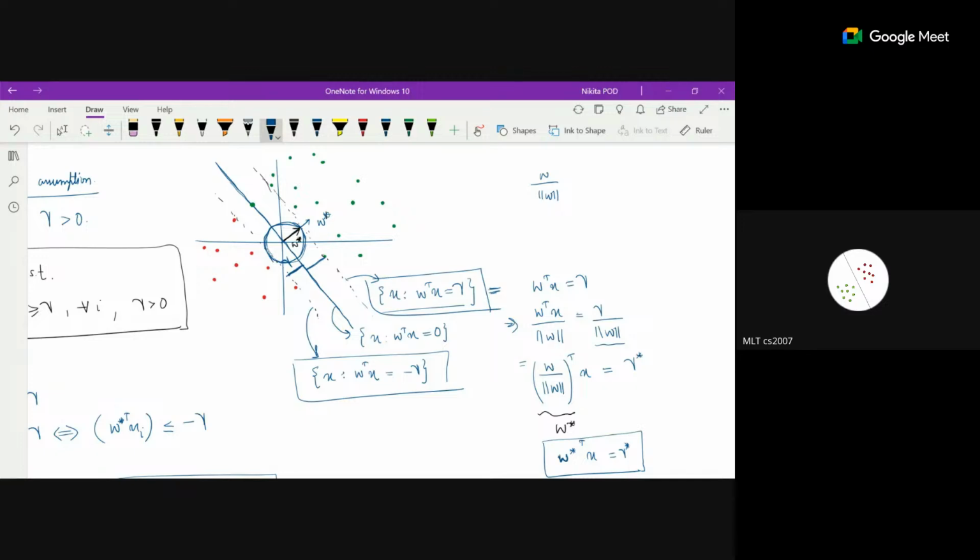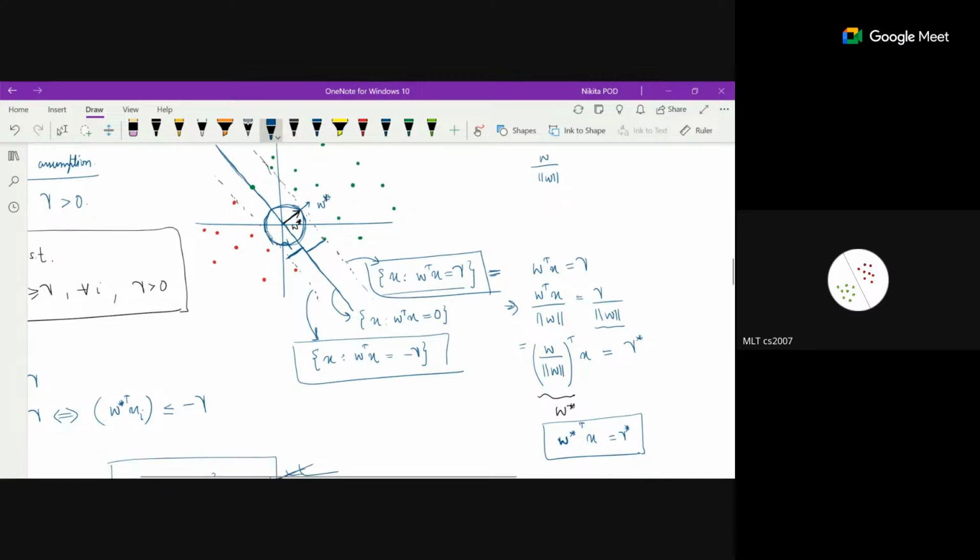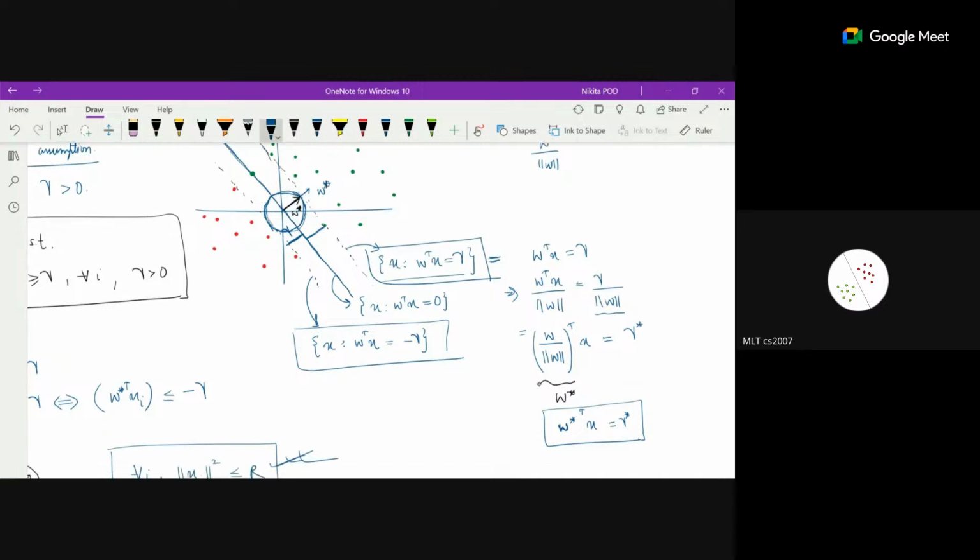That's why we divided both sides by the norm of W. Doing so, we got W upon the norm of W, which we are calling W star. So W star transpose x is now our gamma star.